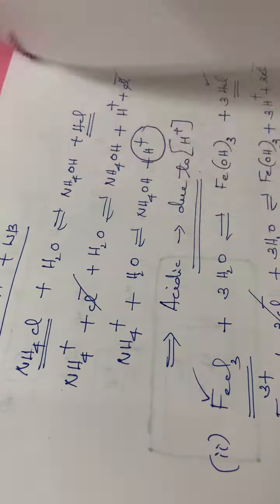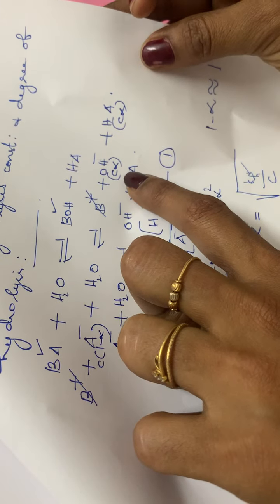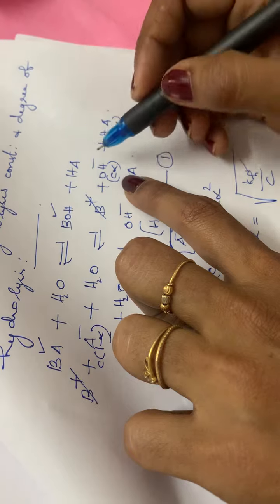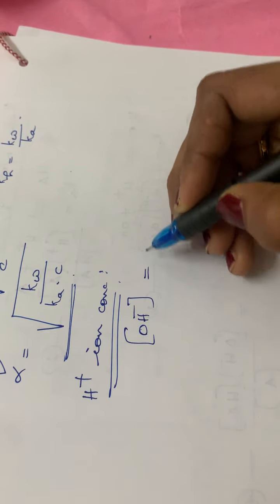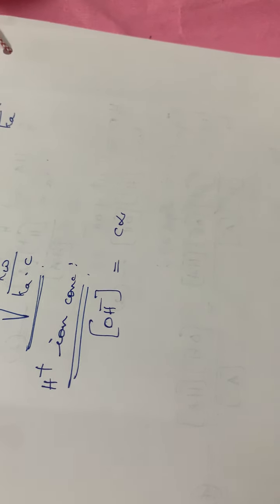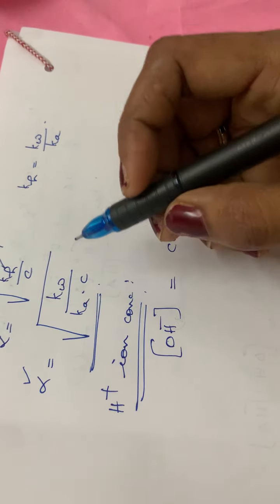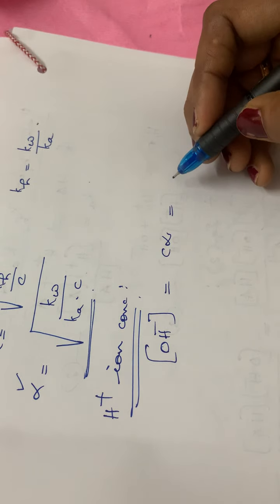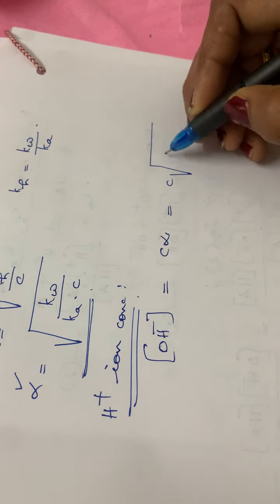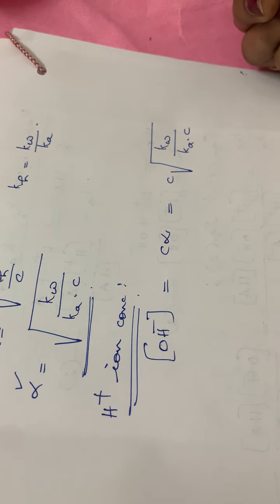The OH minus ion concentration is equal to C alpha. And alpha, the degree of hydrolysis, is equal to the square root of KW by Ka into C. So that is equal to C into the square root of KW by Ka into C.